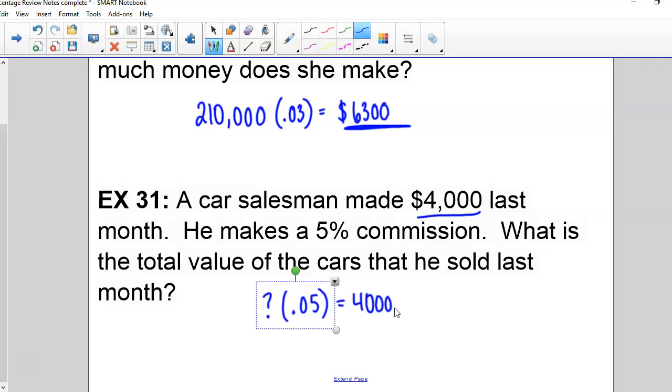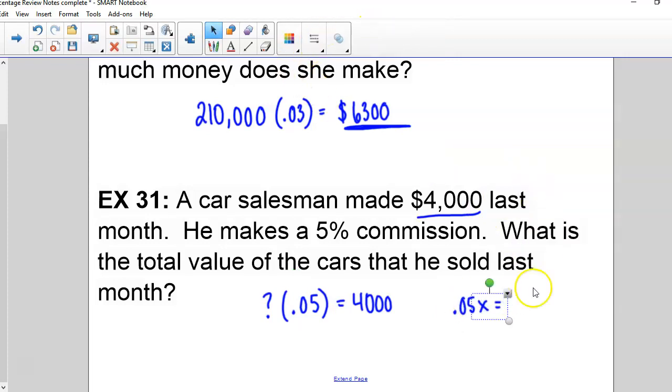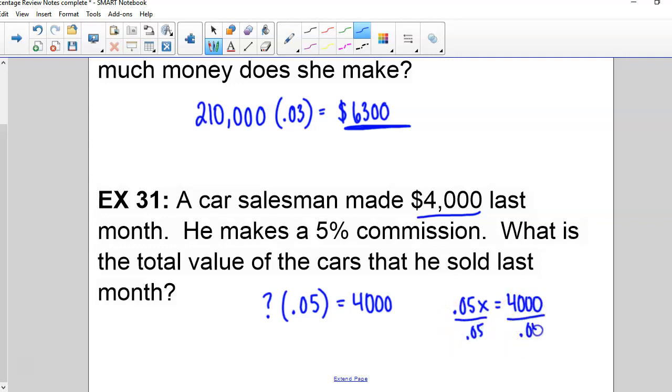Yes. So, and I've written it this way. It's kind of like an equation, right? So this right here, that question mark, I could write it like this: 0.05 x equals 4,000. And so if you divide by 0.05, of course that would solve that equation, or you can just think of it as going backwards.